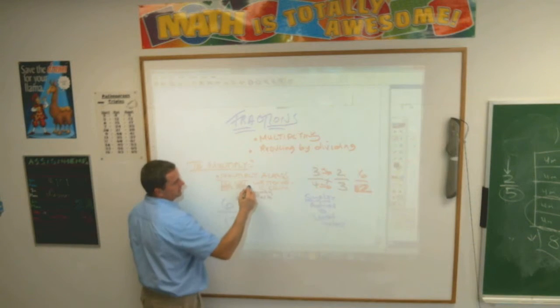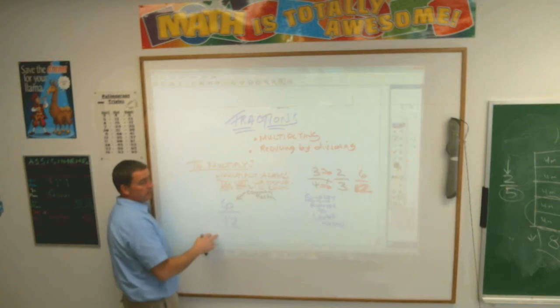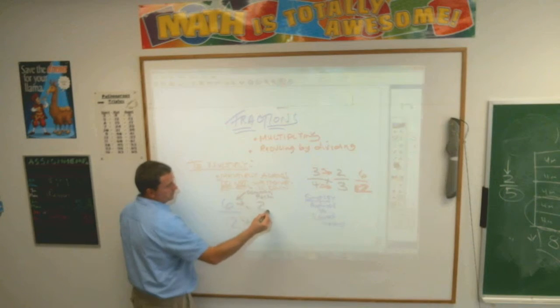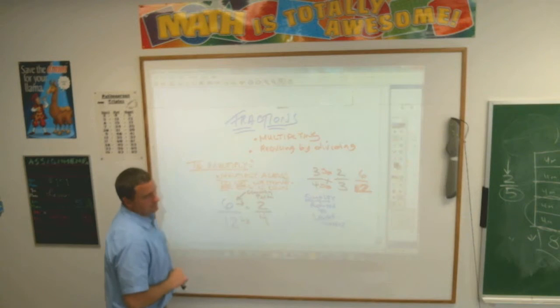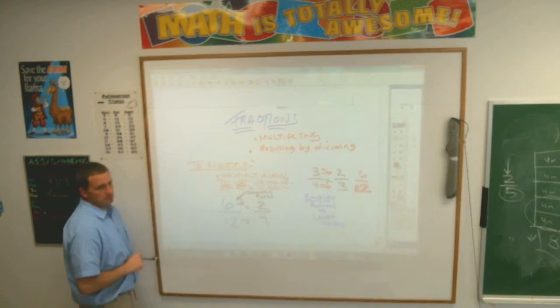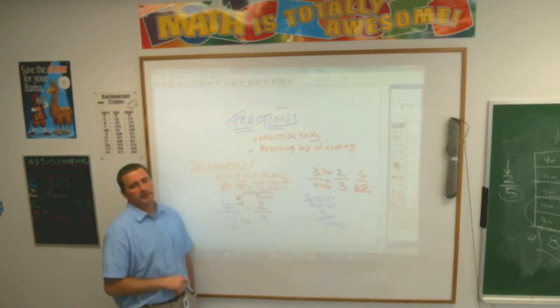Matter of fact, it's the greatest common factor. 6 and 12, what number goes into those, Maggie? 3. So you divide them both by 3, and then you end up with 2/4. Do you still think 3 is the greatest common factor? Is there one bigger than 3 I could have used? Alex? 6.